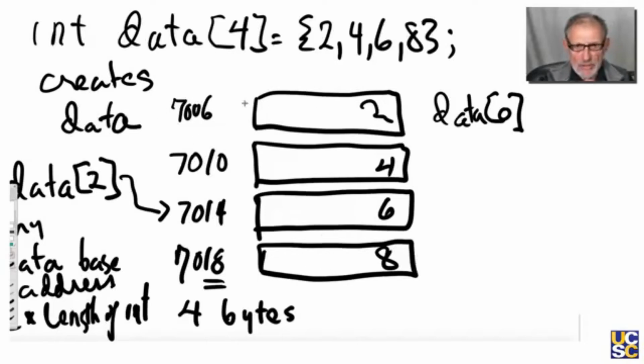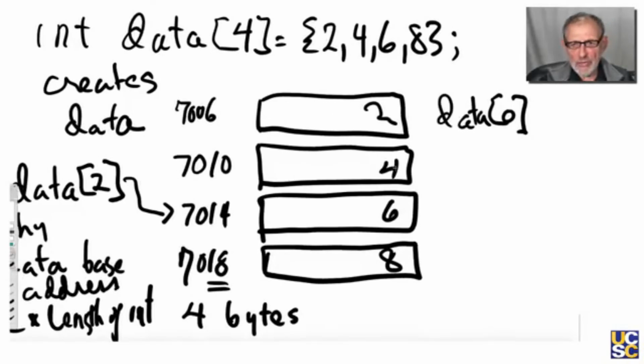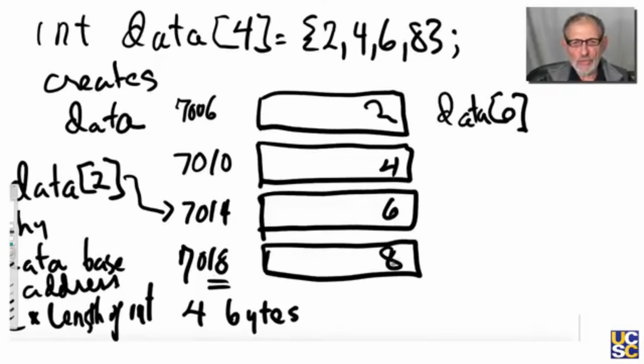And they start, again, if we view the compiler as having assigned them to the mailbox 7006, well, 2 is put in the mailbox 7006. 4 bytes later, at 7010, we put in 4. 4 bytes later in 7014, we put 6. 4 bytes later in 7018, we put in 8.